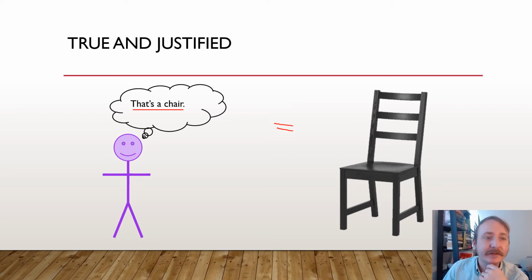It's also justified because if it's right in front of him and there aren't any weird things going on, usually you're justified in forming beliefs or making statements about things that are right in front of you under normal conditions. So what makes it true is the fact that his statement's content, the meaning of it, matches up with the world, and for a totally different reason, it's justified. That is, there are normal conditions and it's a thing right in front of him.